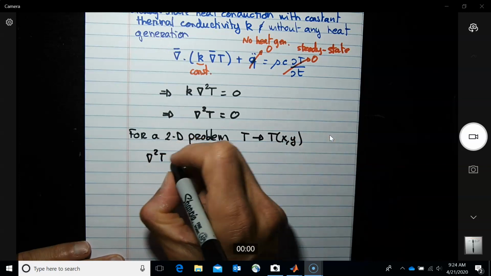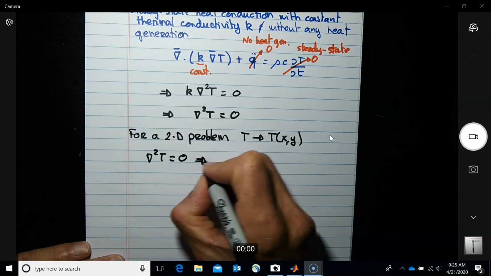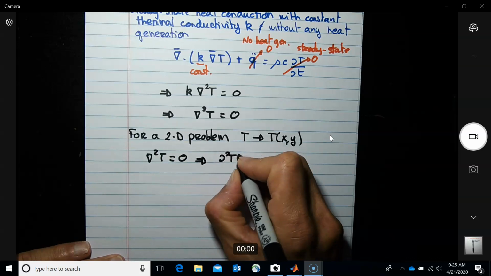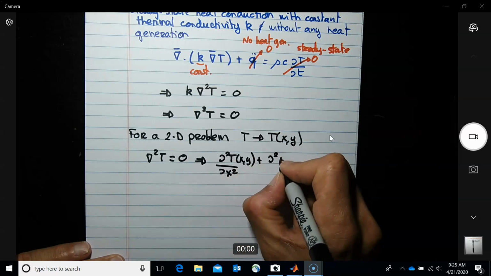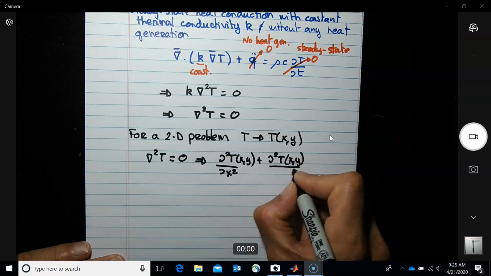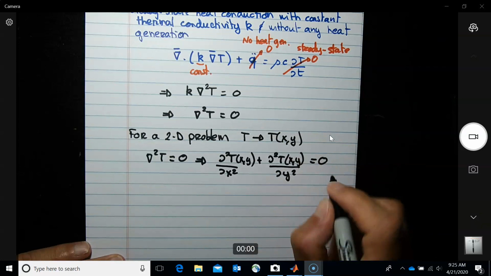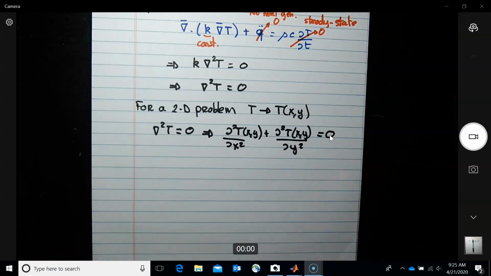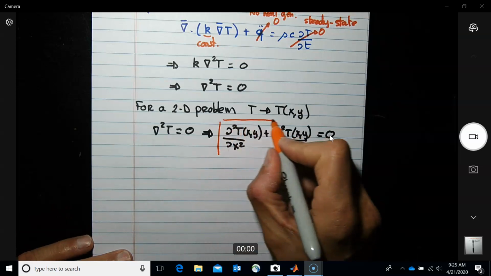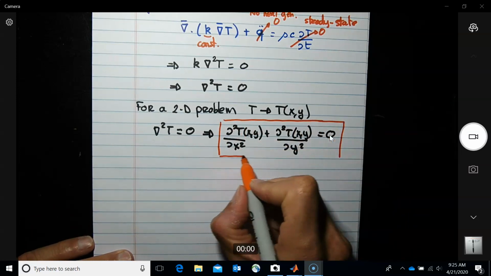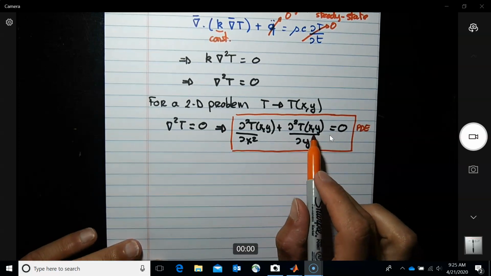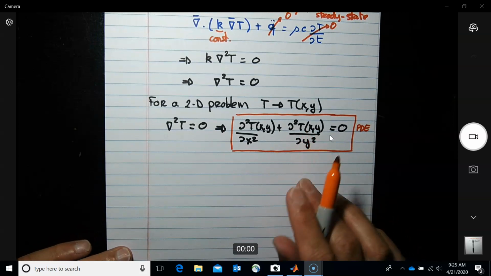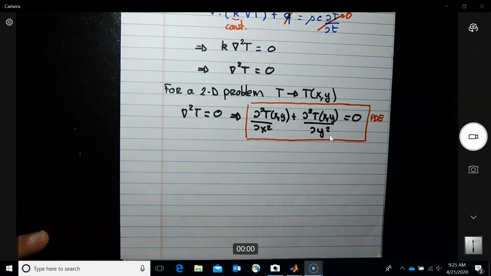So the Laplacian equal to 0 means that the second partial derivative of T(x,y) with respect to x plus the second partial derivative of T(x,y) with respect to y is equal to 0. So this is the PDE that you see is a function of two variables x and y, and it's linear.